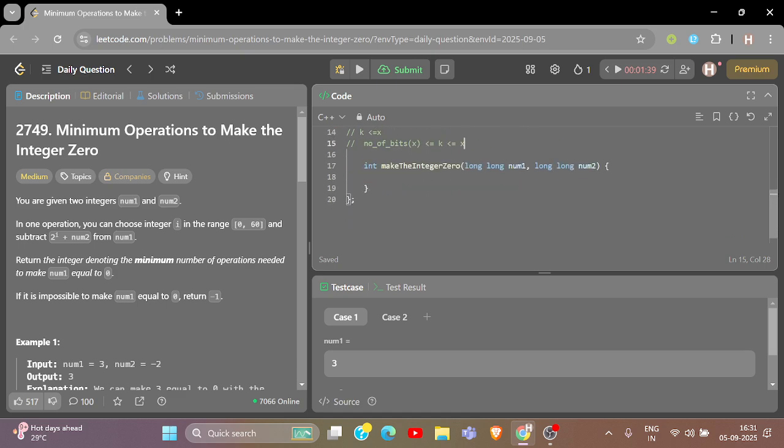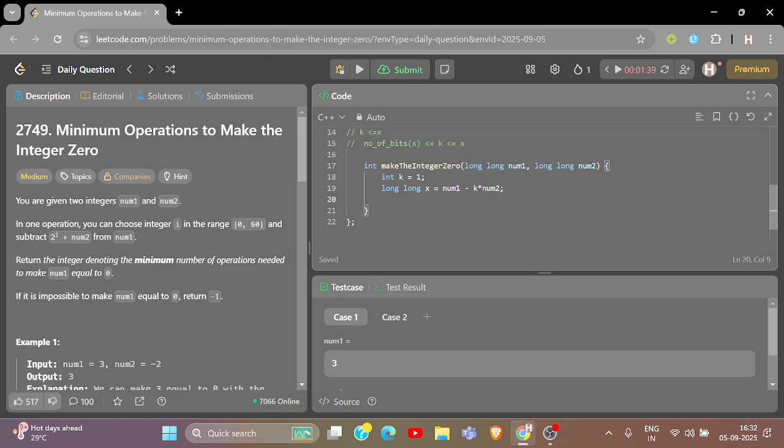Now I am starting the code in C++. My k is initialized to 1. I will initialize my current x as num1 minus k times num2, as we discussed earlier.